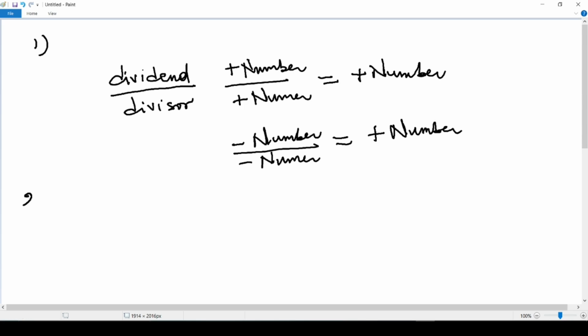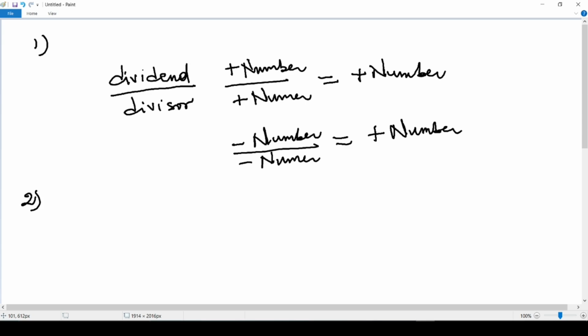The second point is when the divisor is different from 0 and the dividend and the divisor have opposite signs, then the result, which is the quotient, is a negative number.